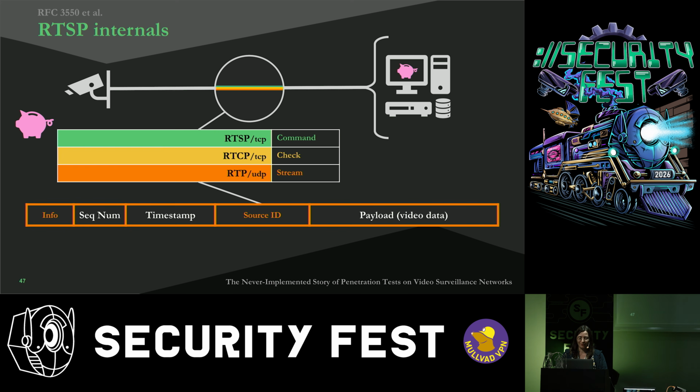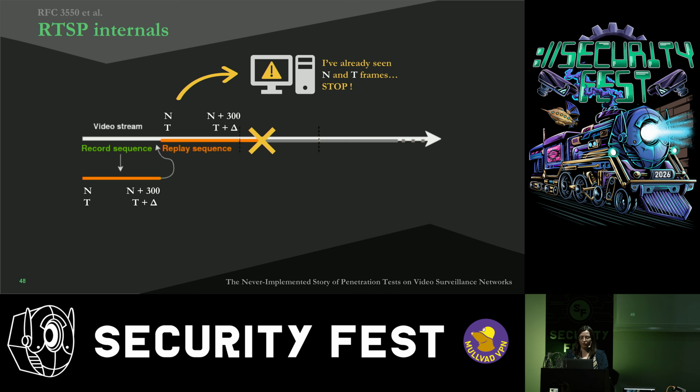RTP is normally on UDP, and so that the media player knows in which order to read the frames, there are the sequence number and the timestamp carried in each RTP frame. So if we just send the RTP frames over and over again as is, at some point the timestamp and the sequence number will go back in the past, the stream will become inconsistent, and the video stream will stop on the media player.